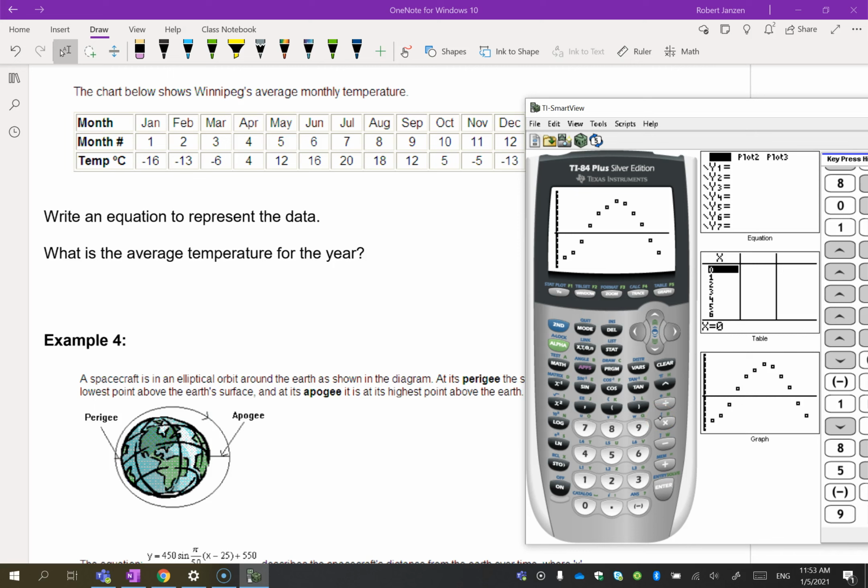Okay, but it wants us to write an equation to represent the data, so now that we've got it in here, we'll go to Calc, and you have to find the sine regression. There it is. Okay, and I'm going to go L1, comma, L2.